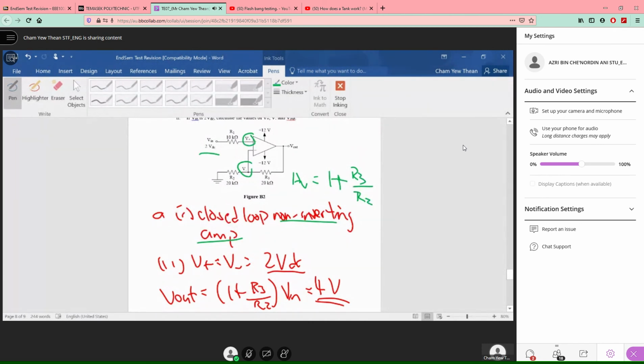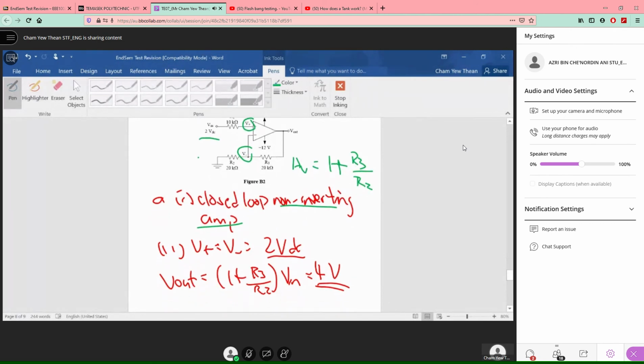And your V minus, because of the very high gain between V plus and V minus, is simply equal to V plus. So it's also 2 volt DC. And your V out is simply apply the formula 1 plus R3 over R2 times V in. R3 is 20K, your R2 is 20K, so 20 divided by 20 is 1. So you have 2 times 2. The answer is 4 volts. So your V out is 4 volts.